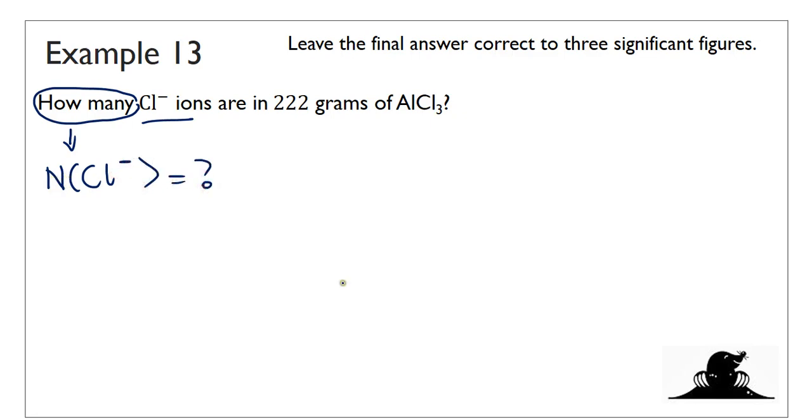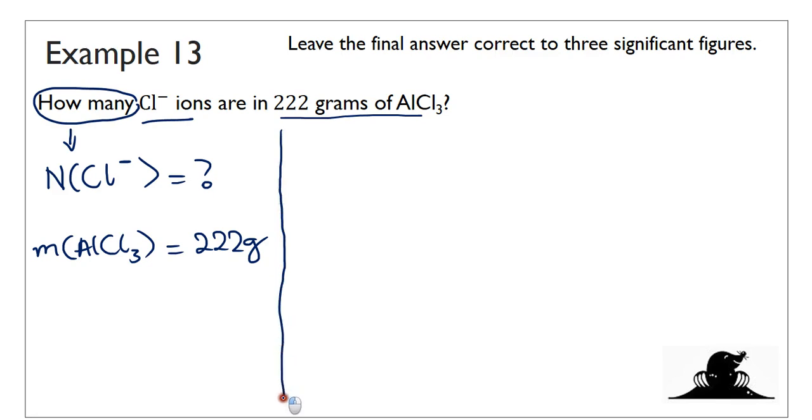This is my unknown. And you are given the mass of aluminium chloride. So the only piece of information given is the mass of aluminium chloride, which is 222 grams. So where do we go from here to there? Let's think about some of the other pieces of information that is not given to us, but we probably can use.